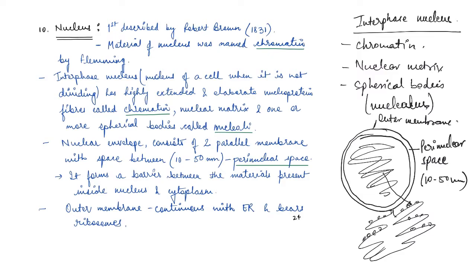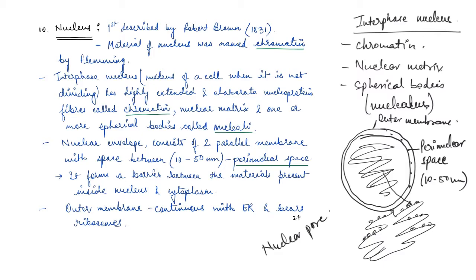Now, there are a number of places on the nuclear envelope which are interrupted by minute pores. So there are places in the envelope which have these perforations, and these are formed by the fusion of two membranes. These pores are known as nuclear pores.